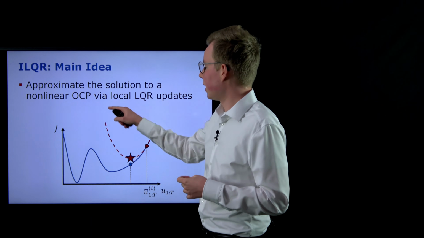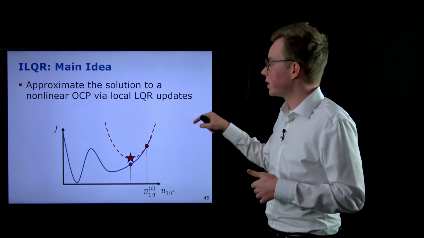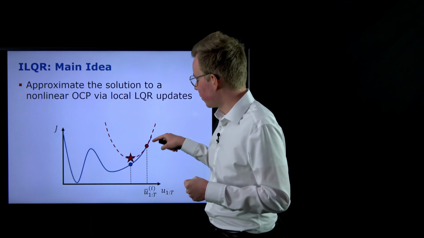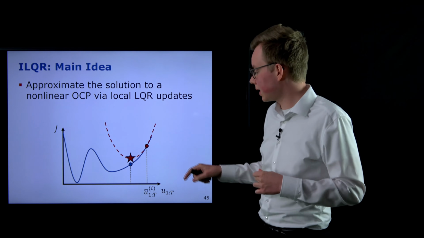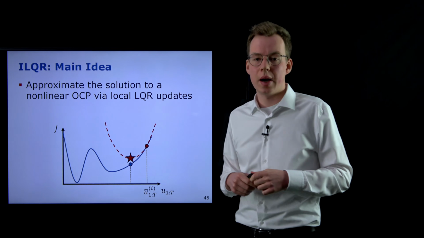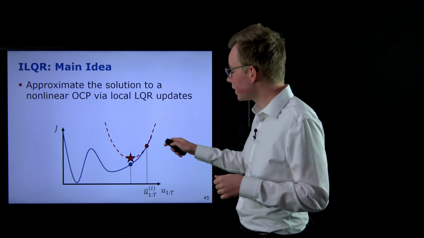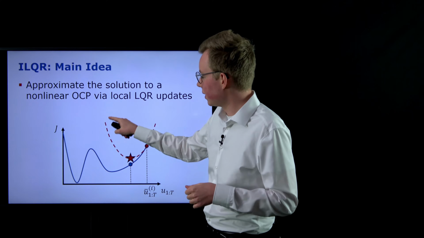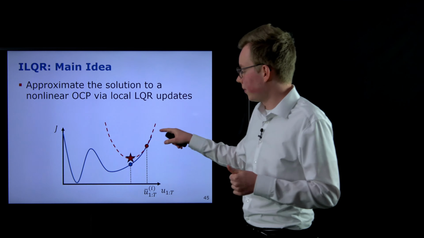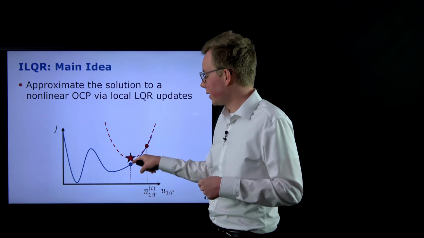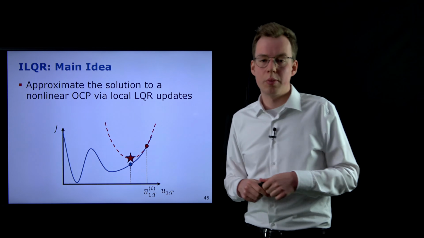And so what iterative LQR does is that we form a quadratic approximation of this cost landscape. So we do a Taylor series approximation here and here. For that, this will give us an LQR problem, which we can solve analytically to global optimality.